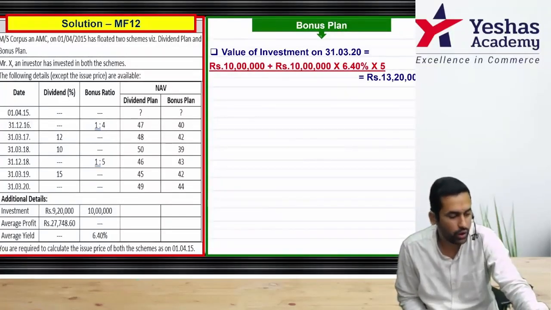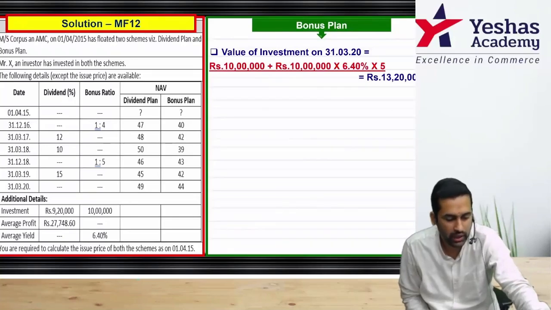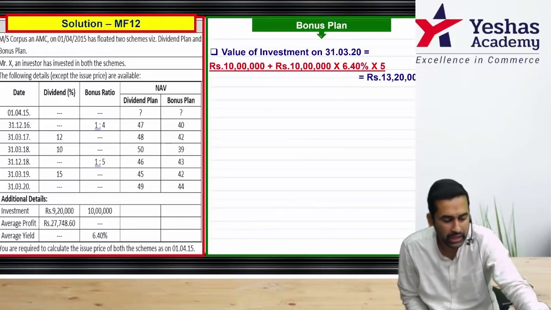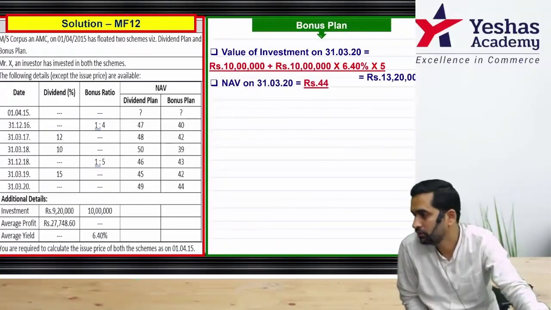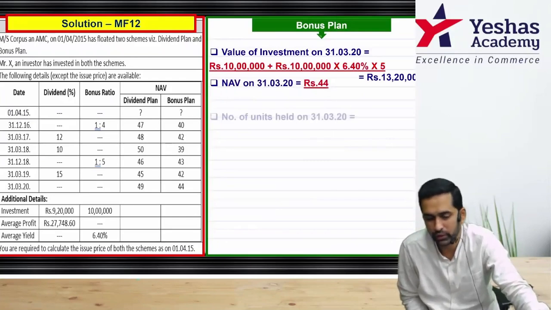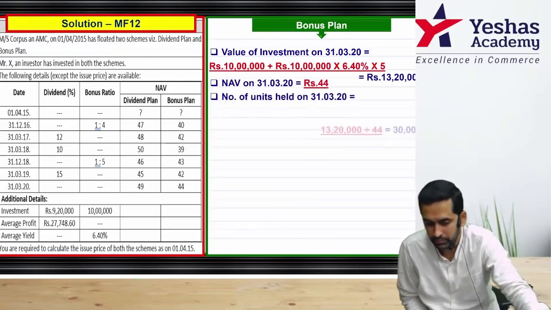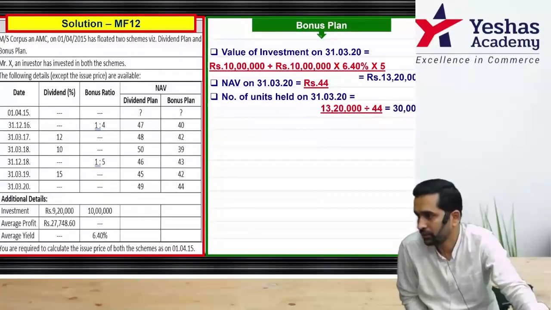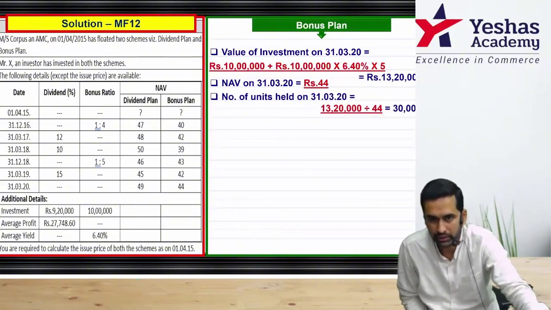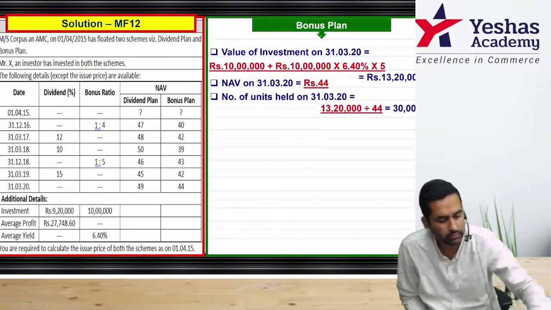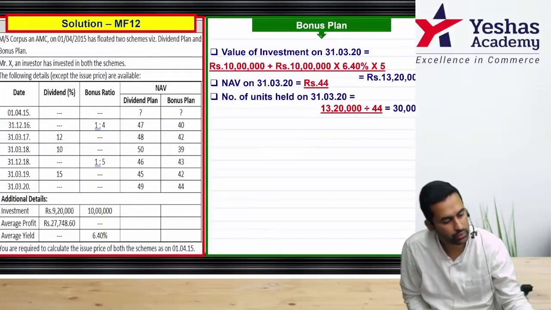Go to the question. On 31st March, under the bonus plan, NAV was 44, correct? That means the number of units sold by him on this day will be 1,320,000 by 44 rupee. That gives you 30,000.